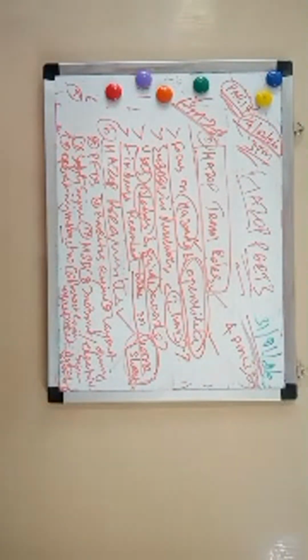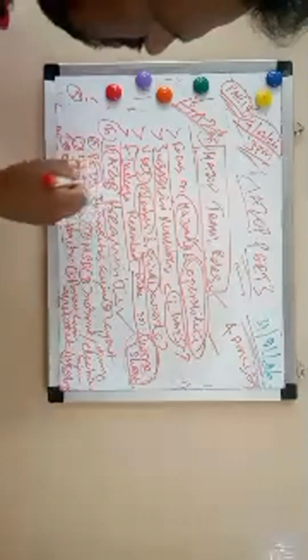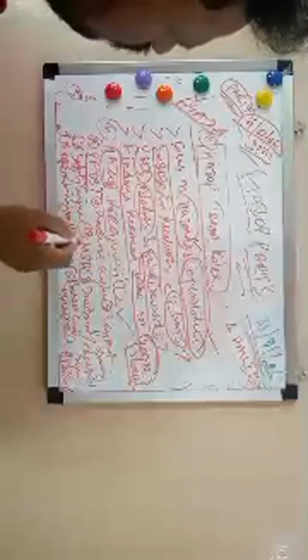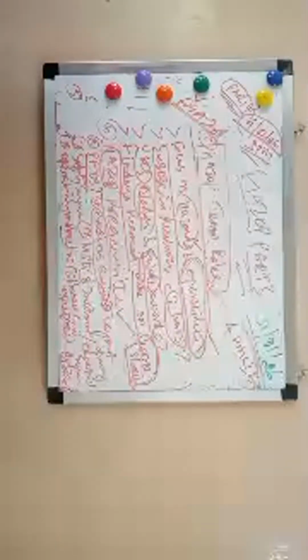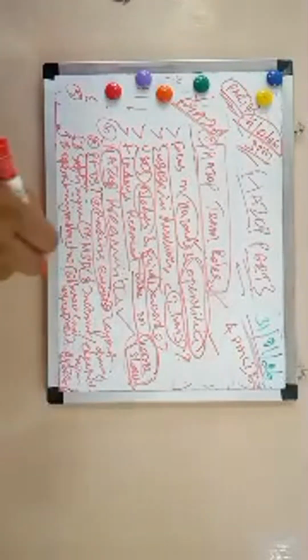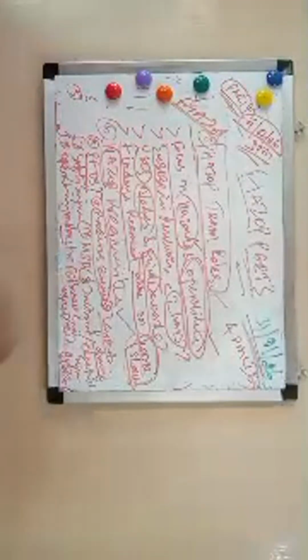Then the next one, HAZOP prerequisites. What are the HAZOP prerequisites? PFDs are required, and a process engineer is required. The process engineer has to identify all the issues during the HAZOP study. He must know everything. And the layout drawing of the entire process flow.